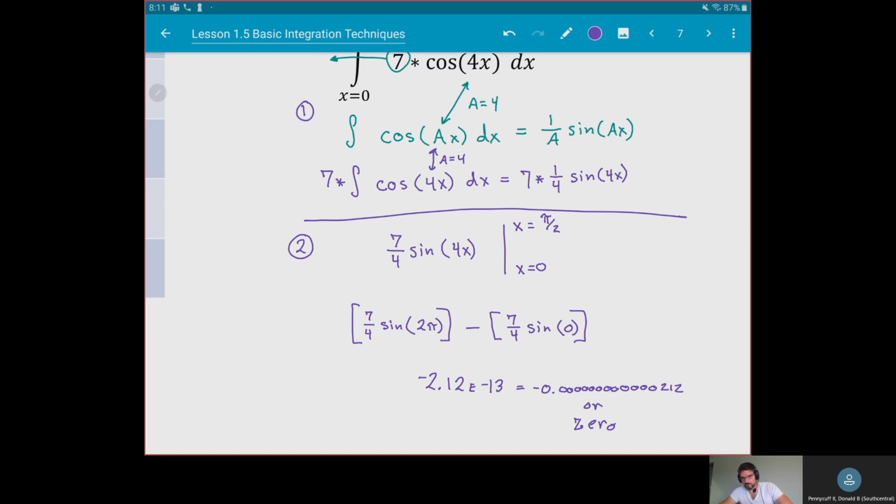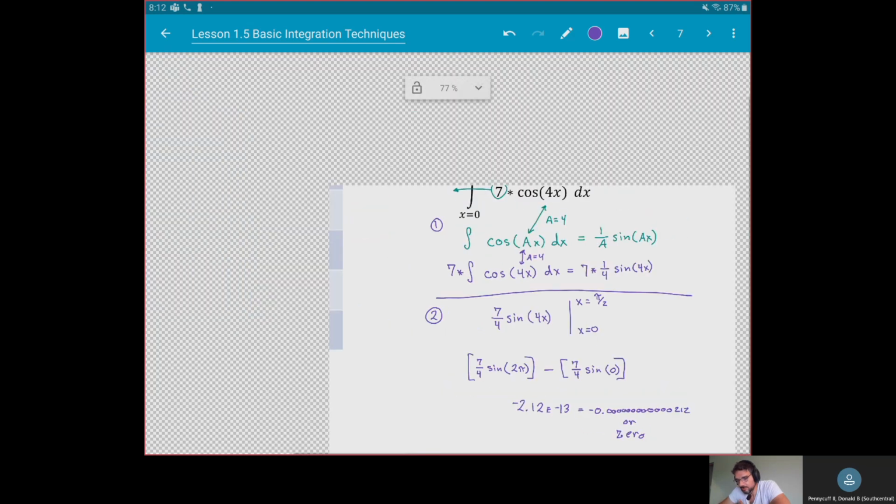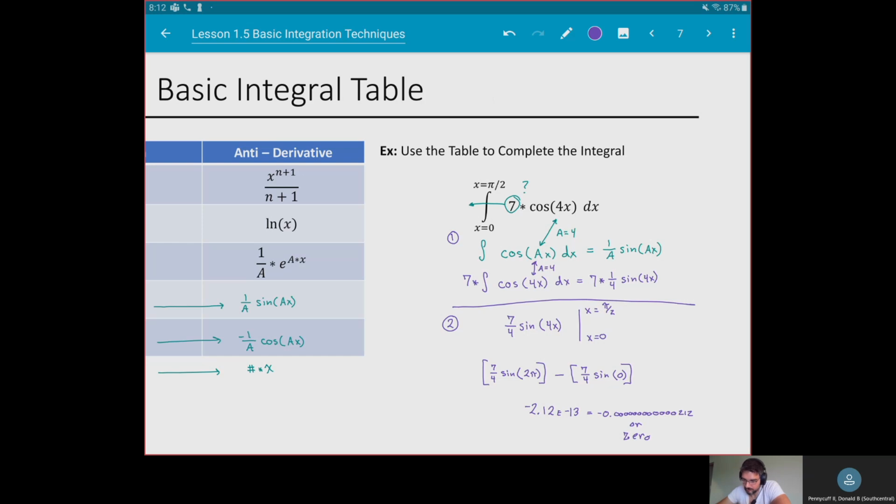And the older the calculator, the worse it tends to handle it. And it's because of how they're programmed to handle trig. Okay, so as a math person, you need to understand that and be prepared for that. Sine of 2 pi is 0. Sine of 0 is 0. So that's where you need to be a little bit more knowledgeable than the calculator so that you can interpret that.